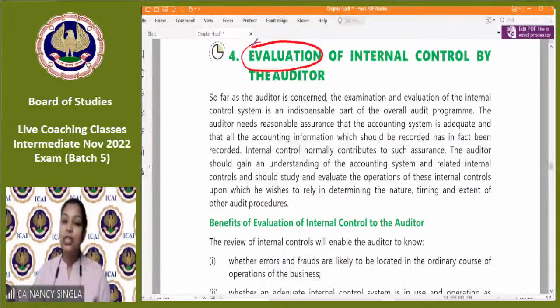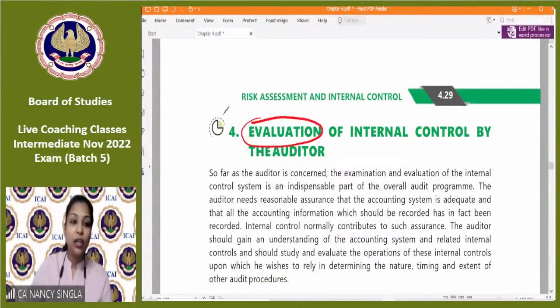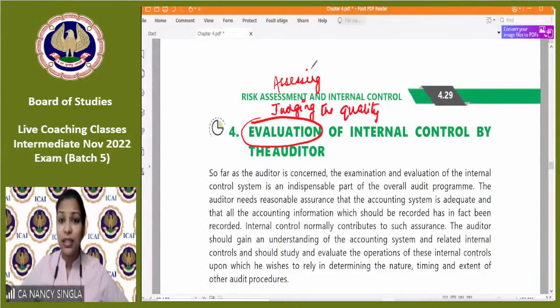So evaluation is to assess or judge the quality of internal control. Now you will say, okay, this is judging the quality, but until now what were we doing?